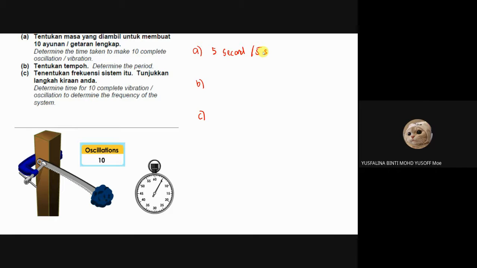What is the meaning of period? The time taken for one complete oscillation. So what's the answer for B? 2 oscillations per second. 2 oscillations per second. Any other answer?